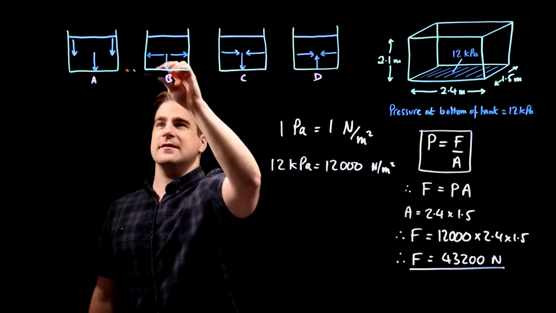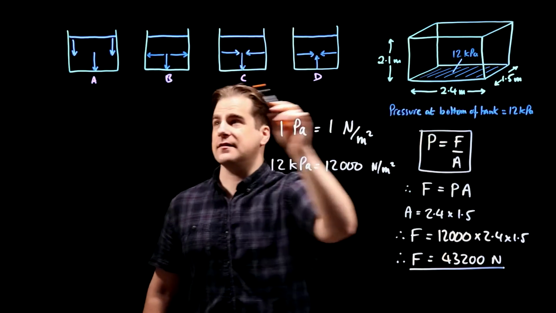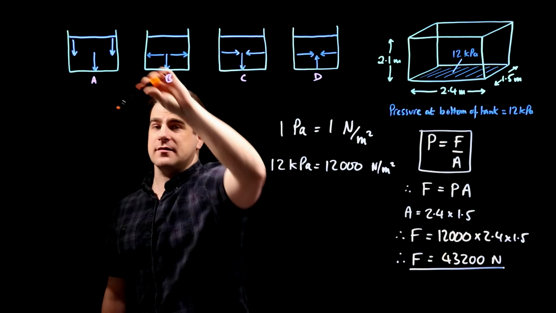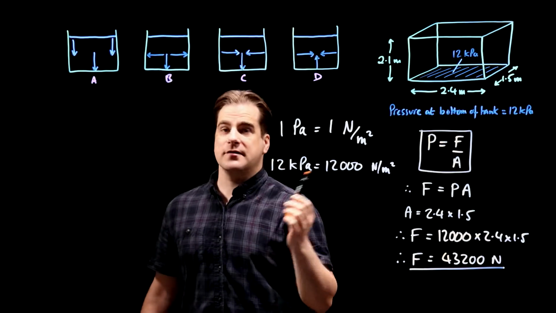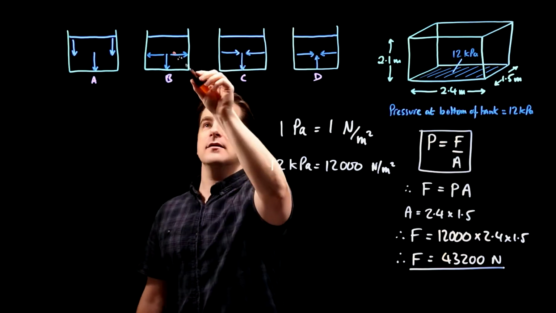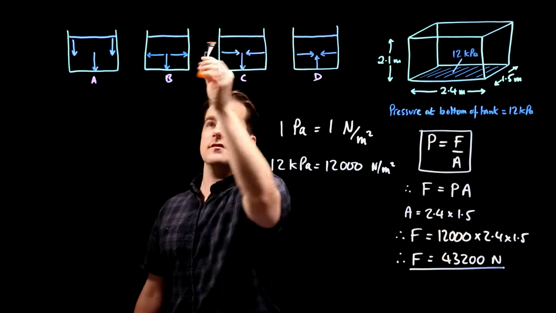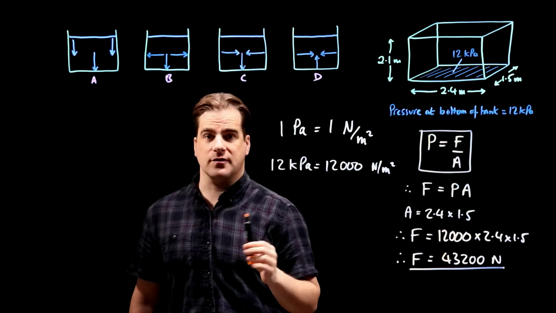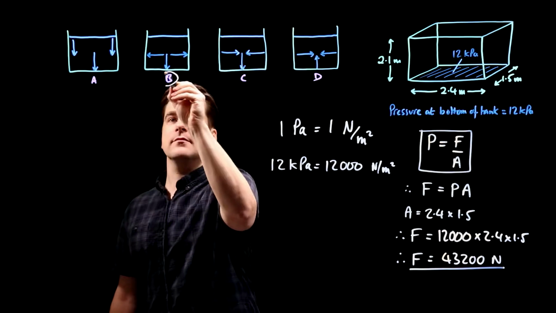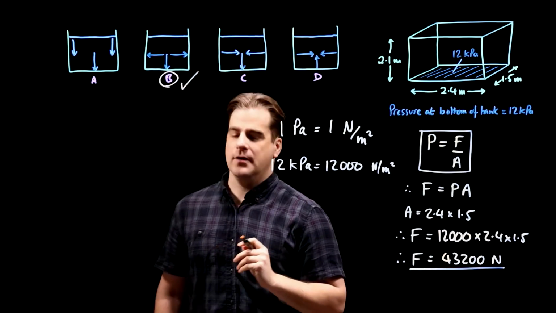You do need an arrow going to the side as well, because the water in the tank will exert a force on the sides as well as the bottom. So therefore, it's got to be this one. It's got to be B. And that's correct. The water is exerting a force on the base of the tank and on both of the sides. Pressure acts in all directions. So it's B. Good.